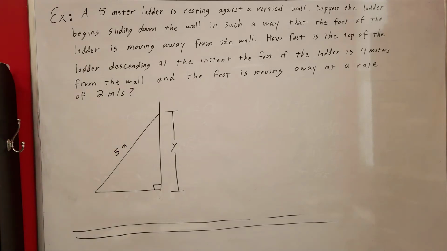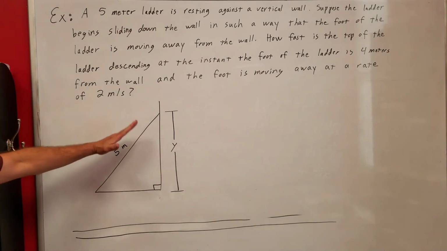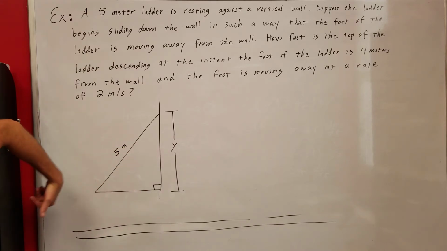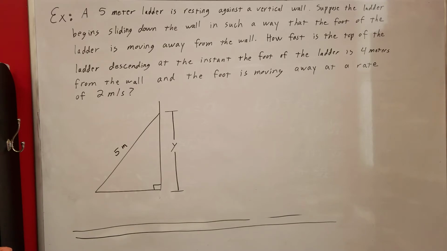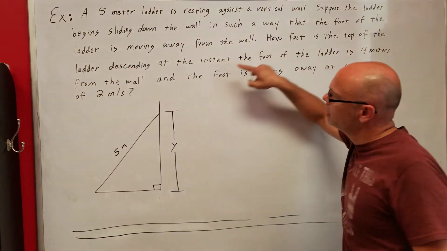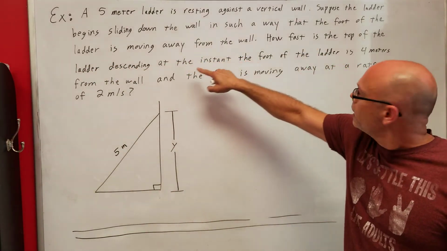A 5 meter ladder is resting against the wall. Suppose the ladder begins sliding down the wall in such a way that the foot of the ladder, so this foot, is moving away from the wall. How fast is the top of the ladder descending? Okay, what are they asking? They're asking for a rate again.